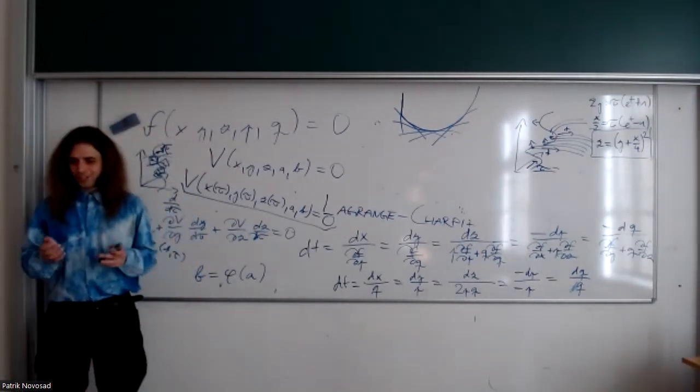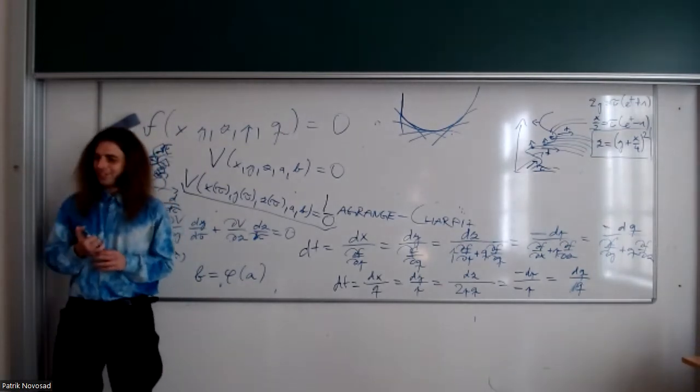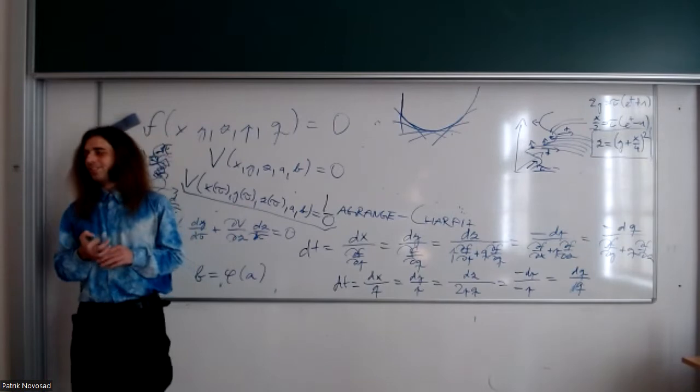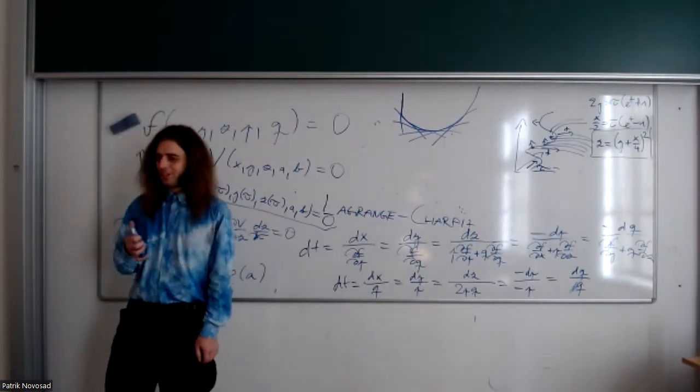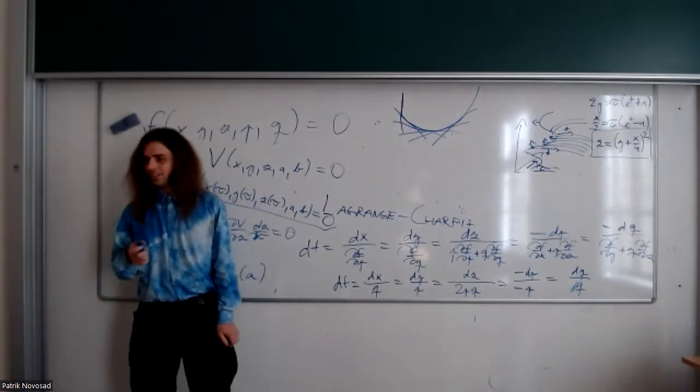So is this construction clear? I guess it can be a bit confusing because it's not that easy to explain, but if you have any question, of course, you could ask at any time.